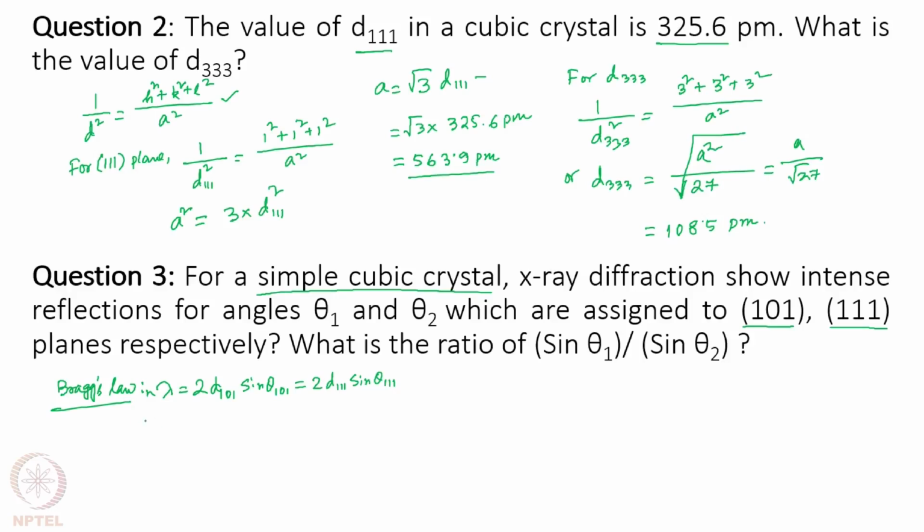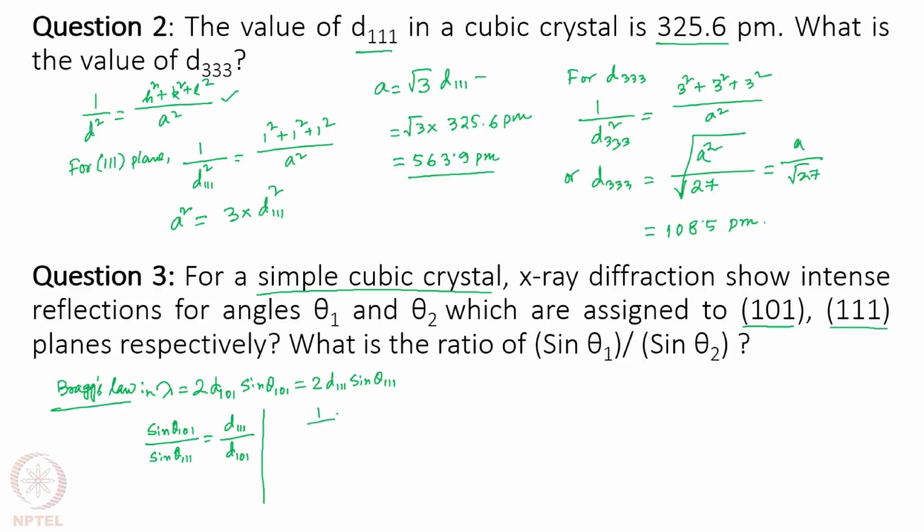So if we want to calculate the value of sin theta 101 by sin theta 111, we need to calculate the ratio d111 by d101. So how do we do that?